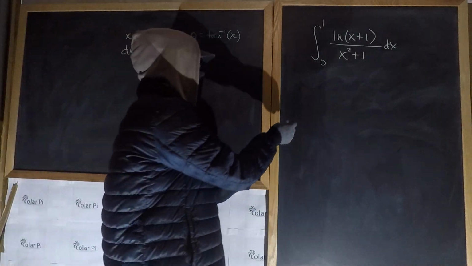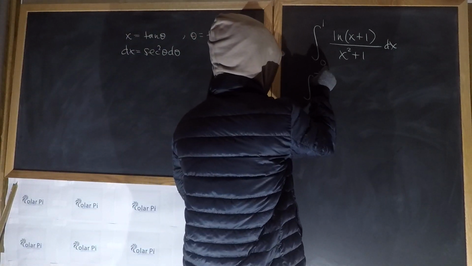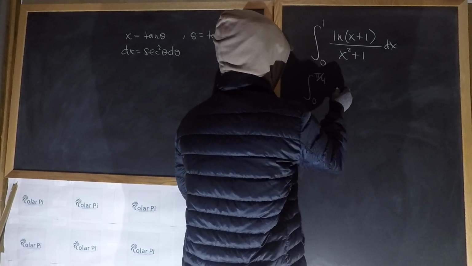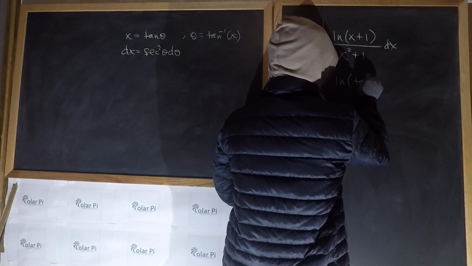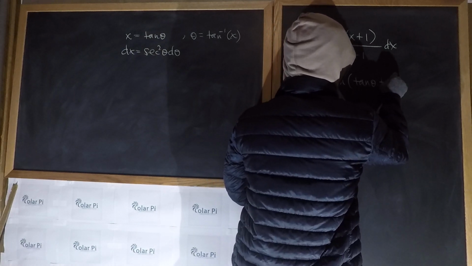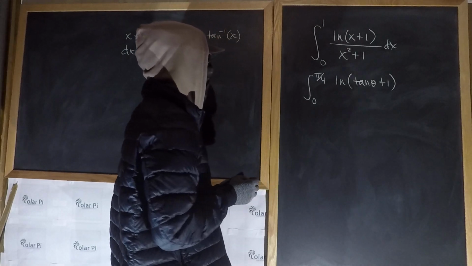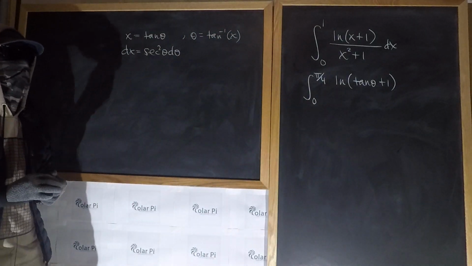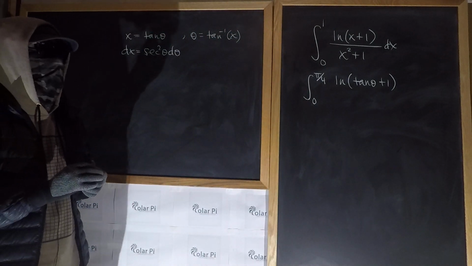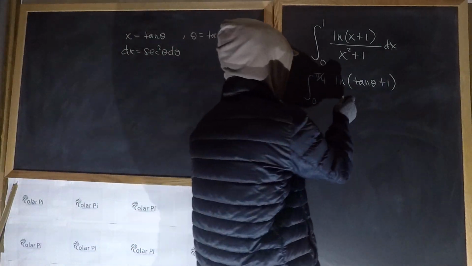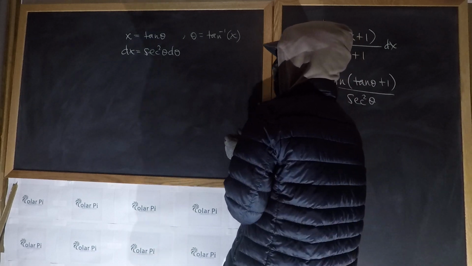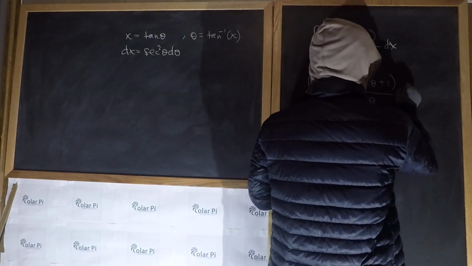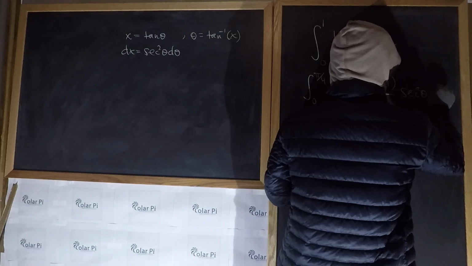So the given integral is, to start, 0 to pi over 4, and then the natural log of x is tan theta, so the natural log of tan theta plus 1. Right? Now, if x is tan theta, then x squared plus 1 is secant squared theta, right? Okay, so we have divided by secant squared theta. And then how lucky is it that dx is secant squared theta d theta?